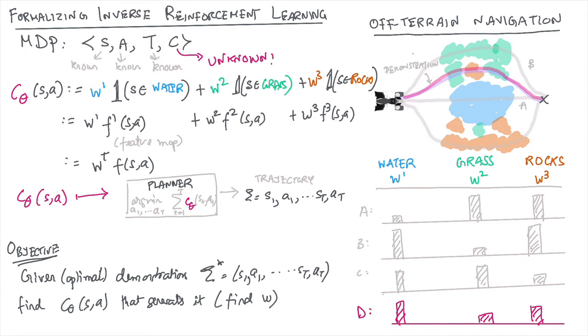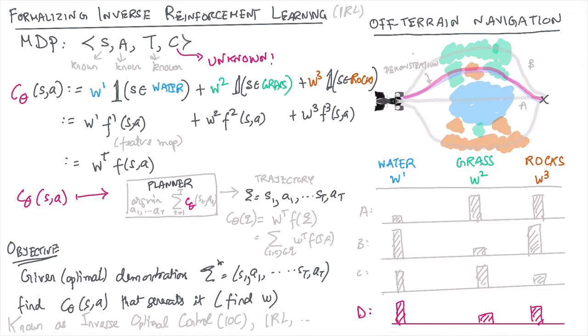Find a W vector. Also, quick notation, we'll often be using the notation c theta psi to denote the cost of a trajectory. Now, this problem is also known in the literature as inverse optimal control. It's also known as inverse reinforcement learning, cost function learning, and so on.